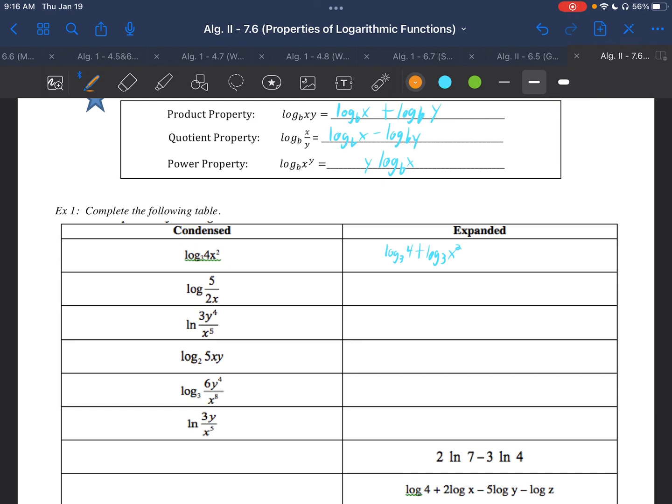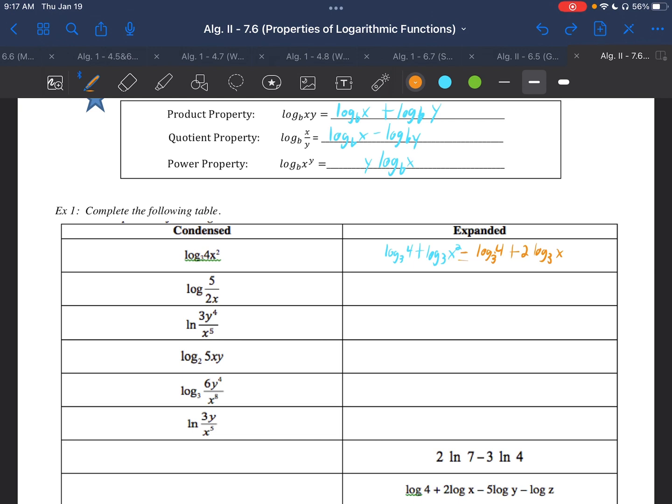And that's using the product property there. But then we'll actually go further and say log base 3 of 4 plus 2 log base 3 of x, because the exponent, using the power property, can multiply down in front. And that, once again, will be helpful for us to solve things later.